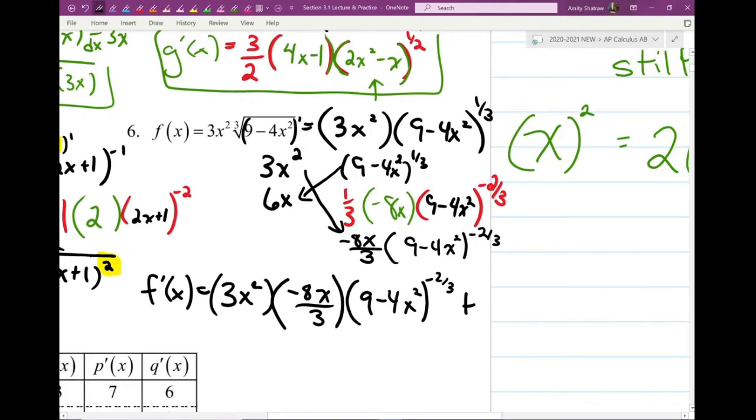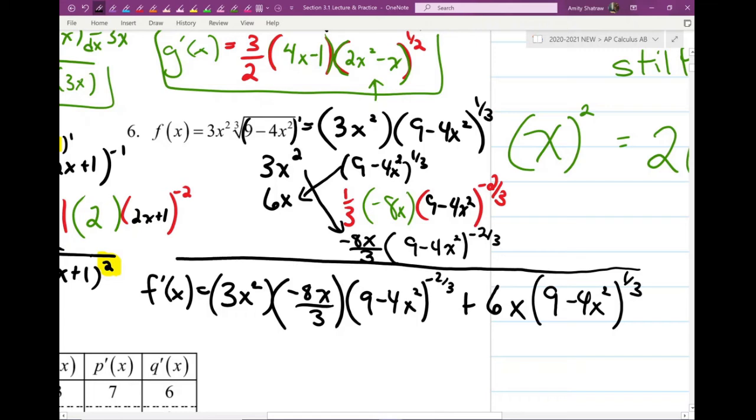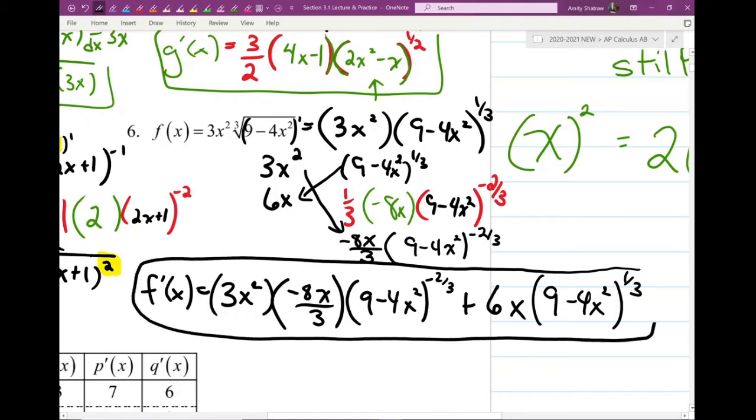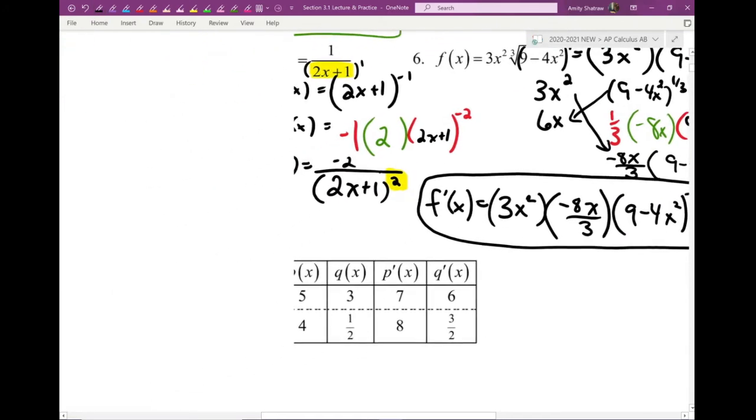And when I say and, I do mean plus, and a 6x times the 9 minus 4x squared to the 1/3 power. Ooh, that's a nasty looking derivative. Yeah, I didn't say derivatives were easy. Turns out I could have written this on a couple of lines, right? The more you write, the smarter you feel. That's what I'd love to think.